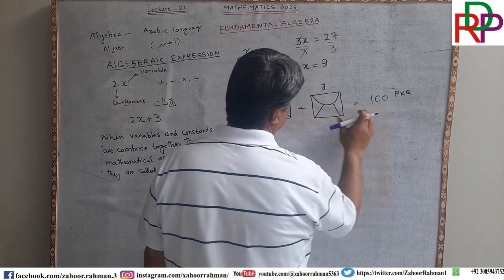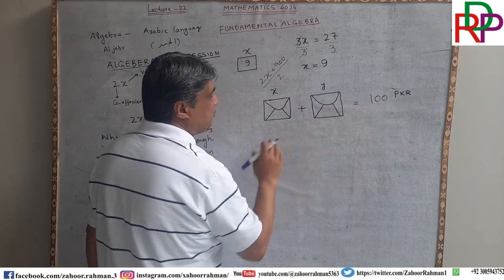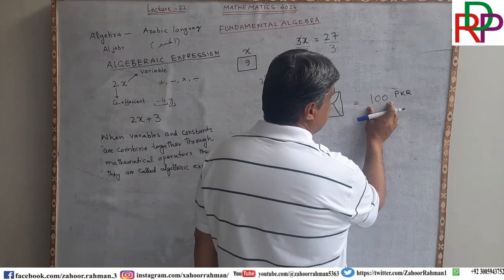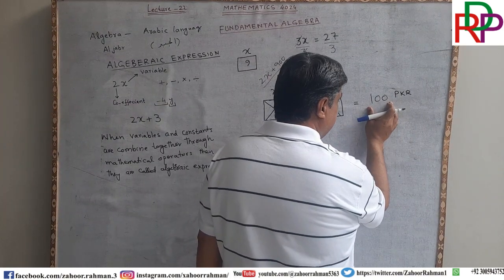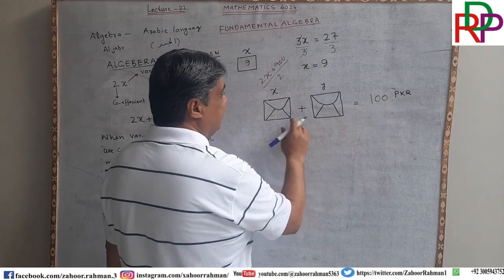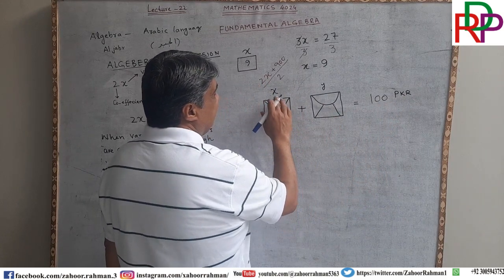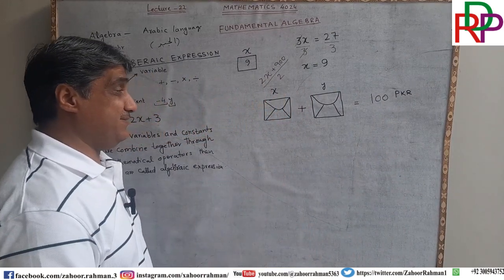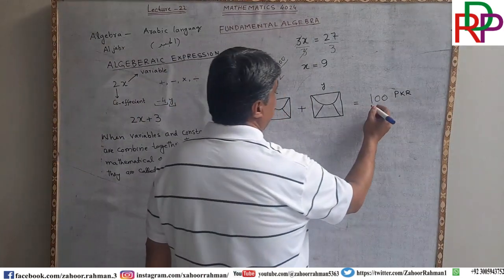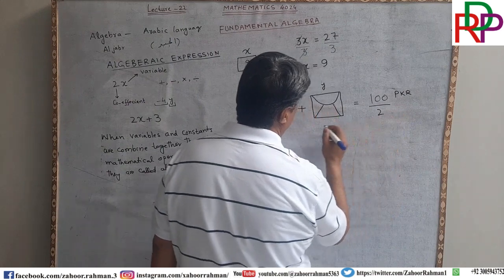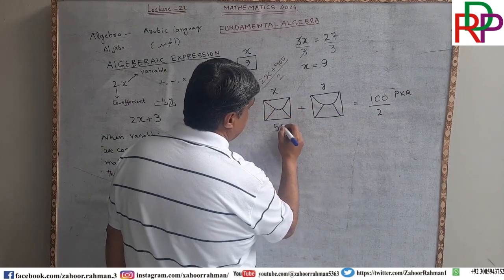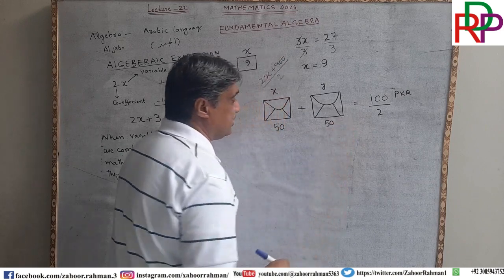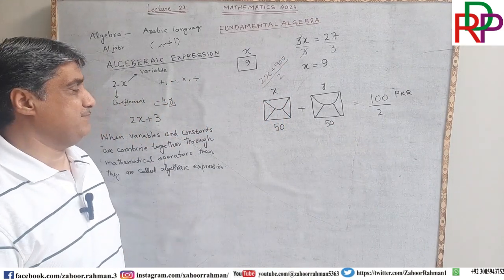So if it is 100 and they are saying an equal amount is there, then we can understand that x plus y is equal to 100, and if they are the same, then we divide this 100 by 2. So a 50 rupees note and a 50 rupees note is inside. This was a simple example.